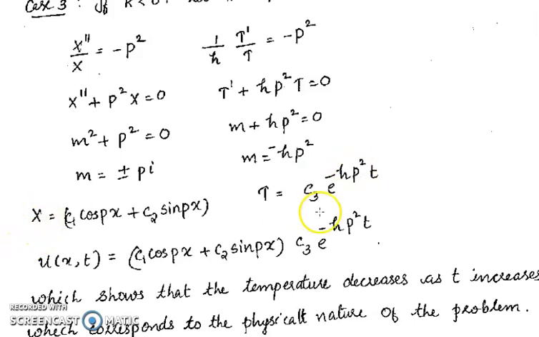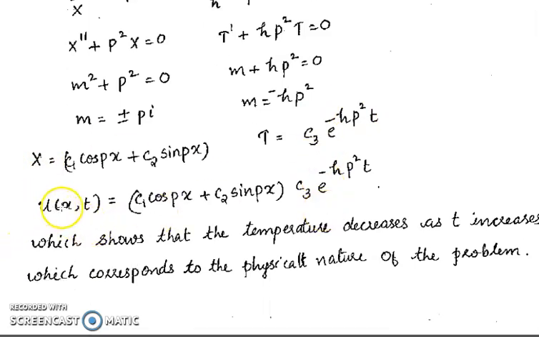Thus, we have the values of X and T. Then, u(x,t) equal to capital X into capital T, and that is equal to (C1 cos px plus C2 sin px) into C3 e raised to minus h p square t. Then here we consider this solution, and here as time increases, e raised to minus h p square t decreases.